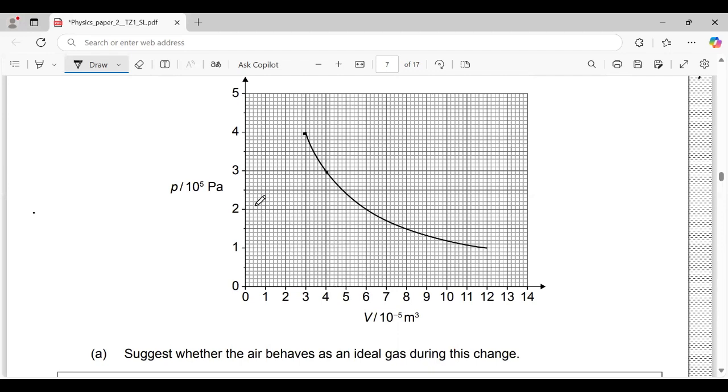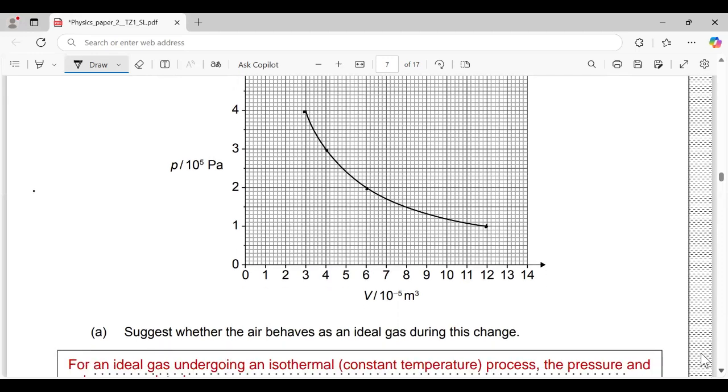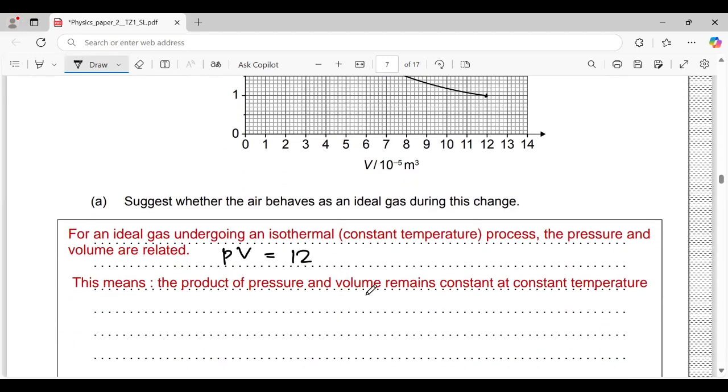As well, this coordinate point: 2 times 6 is 12. And then this coordinate point: 1 times 12 is 12. So that's why the constant number is 12.